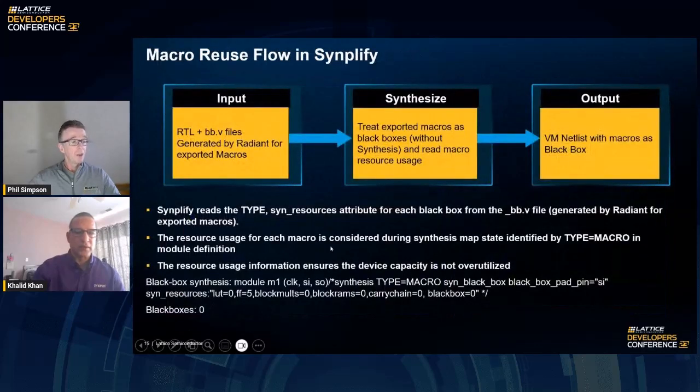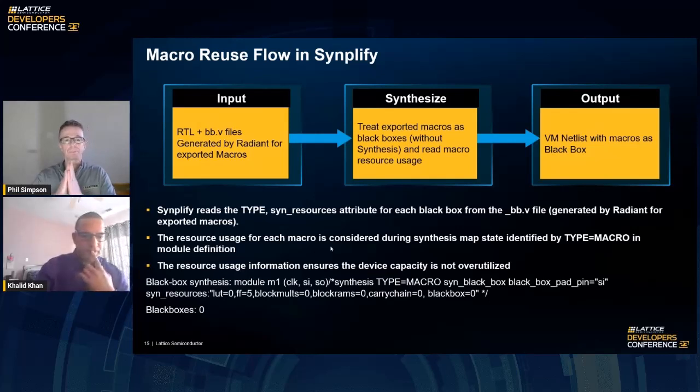So, looking at the reuse flow, now that you've placed and routed the design and you want to reuse it in subsequent compiles of the rest of the logic in the Simplify tool, the Simplify tool will reuse the post place and route macro through the use of black box. So effectively, this means that the macro itself would not be resynthesized in Simplify.